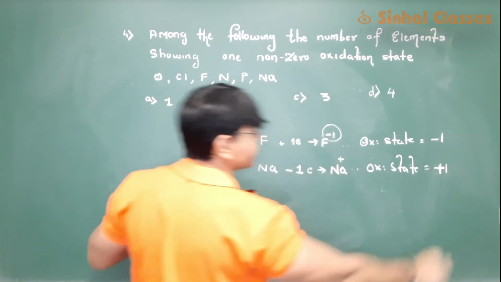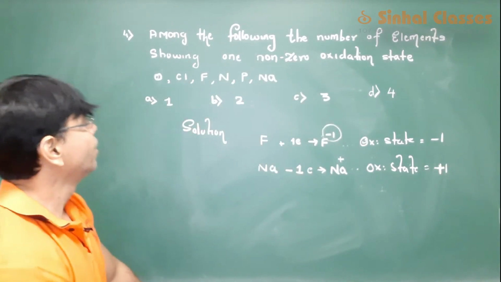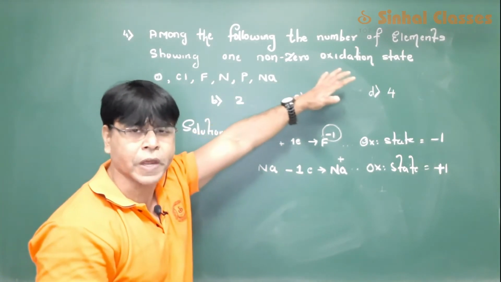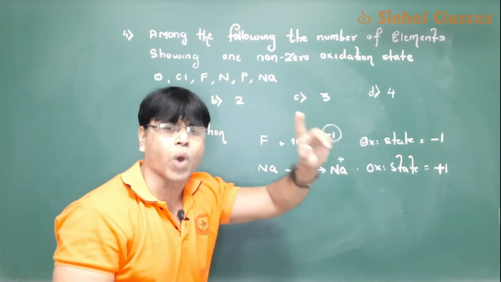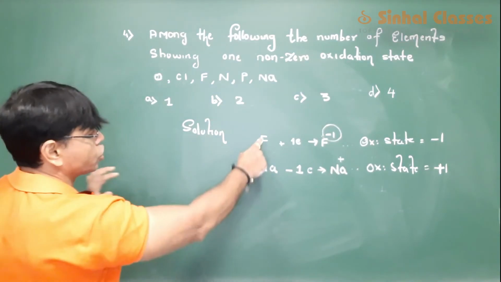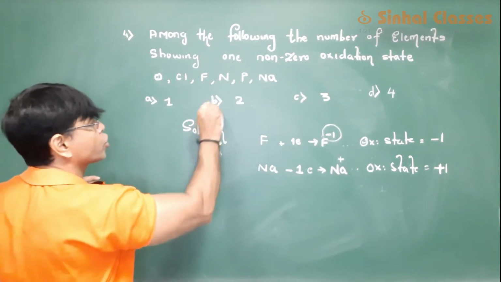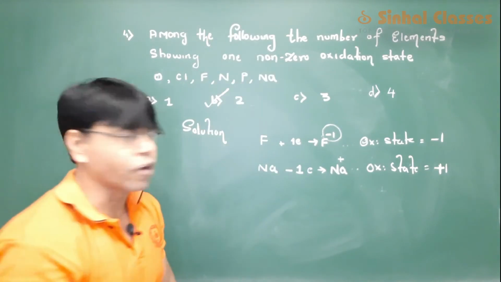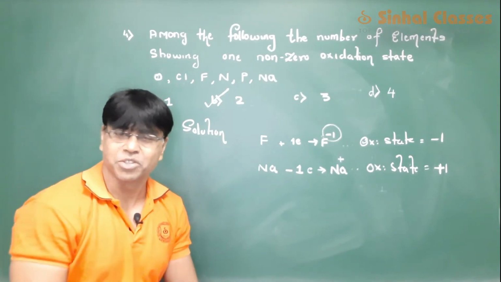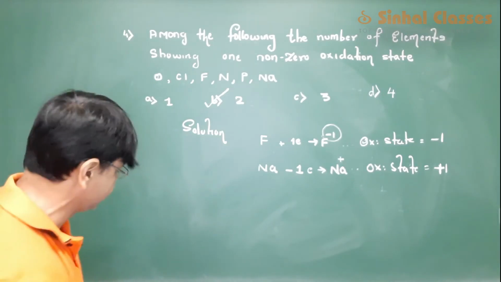So these two elements have a non-zero oxidation state and can exhibit only one type of oxidation state. So your answer is two of them. So your answer is B for question number 4. Simple. So let's now move to question number 5.